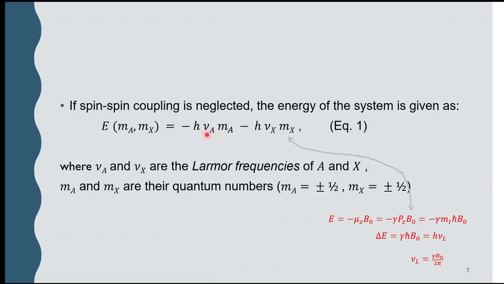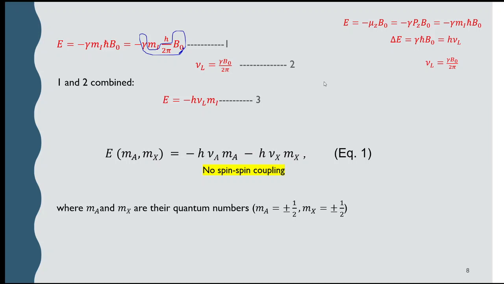You have minus h, nu, m, and you have the A and the X. The nu A and nu X are the Larmor frequencies of A and X, and m A and m X are the quantum numbers, so it's plus or minus half for both m A and m X. Now this equation is not something entirely new, because it's derived from what you have actually seen before. So let's look at the next slide and talk a little about that.